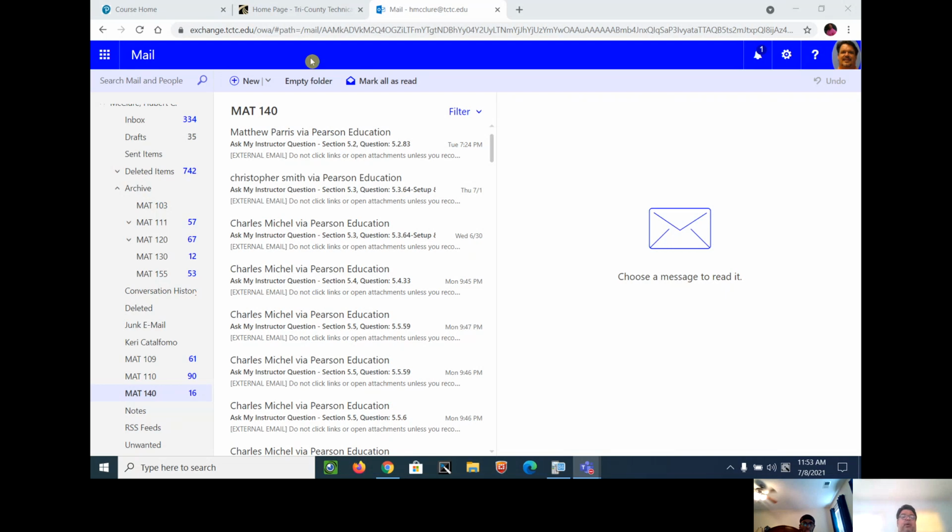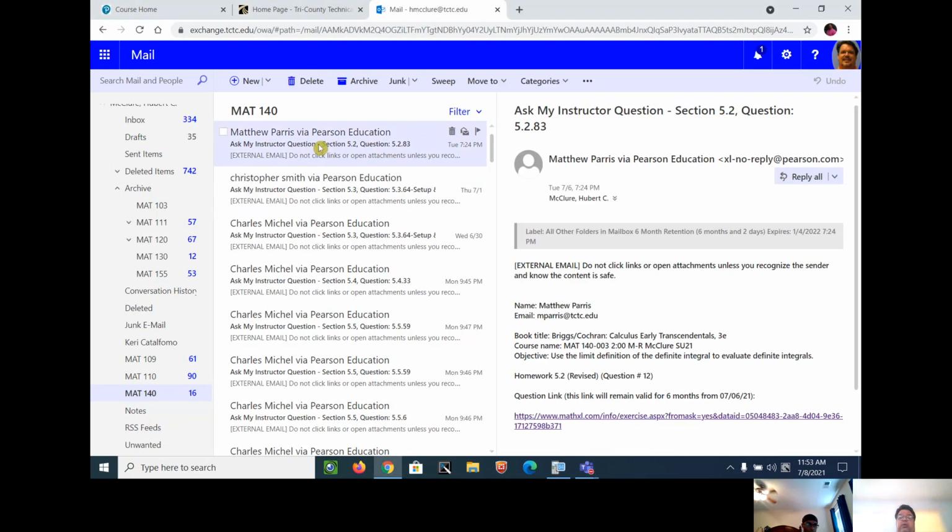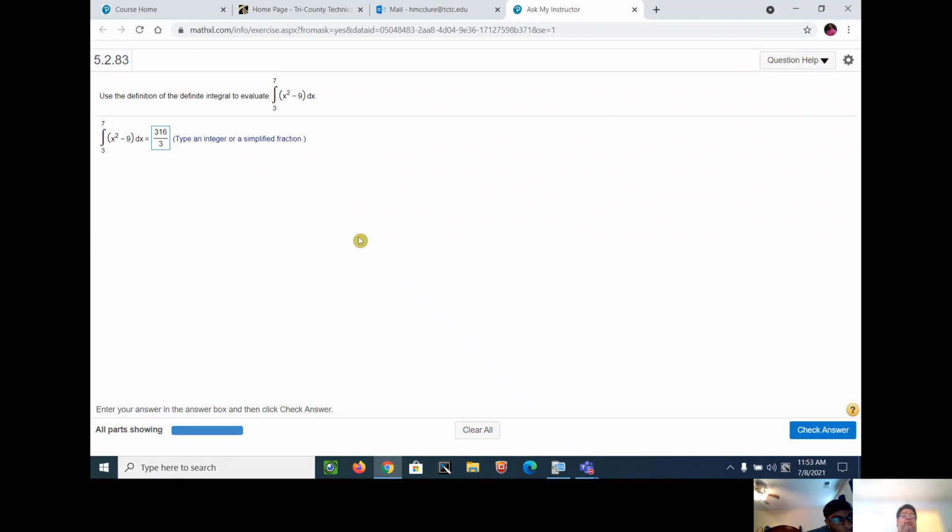All right, so let's go ahead, this is 5.2 83/12. And this question says, find the definite integral, and they want you to use the definition of the definite integral, but we're not doing that.